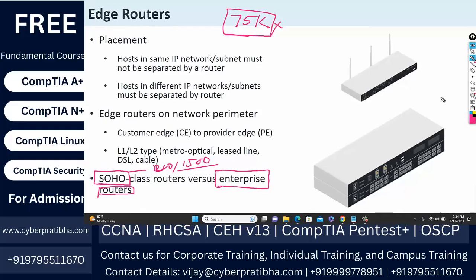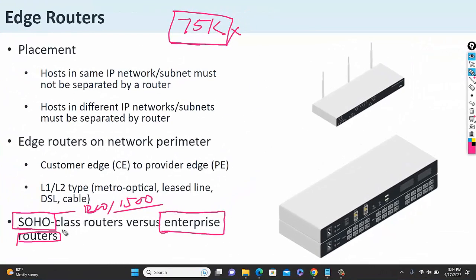So this is the difference between the routers. Even so, both routers are considered edge routers, because with a router at your home, one interface connects to the WAN and another interface connects with your LAN, local area network. So a SOHO router is also an edge router.